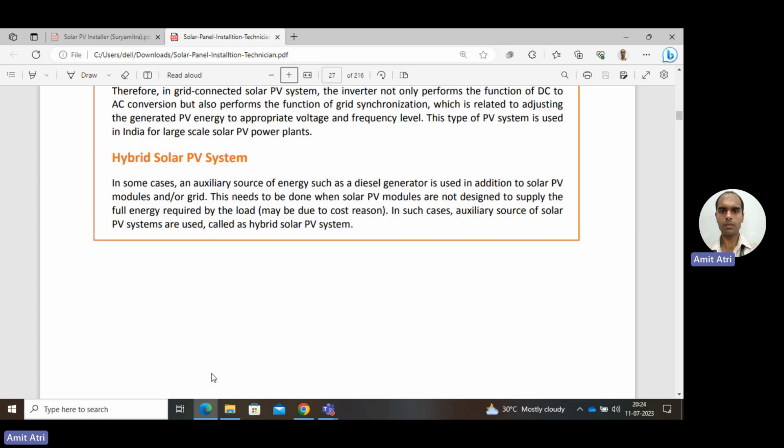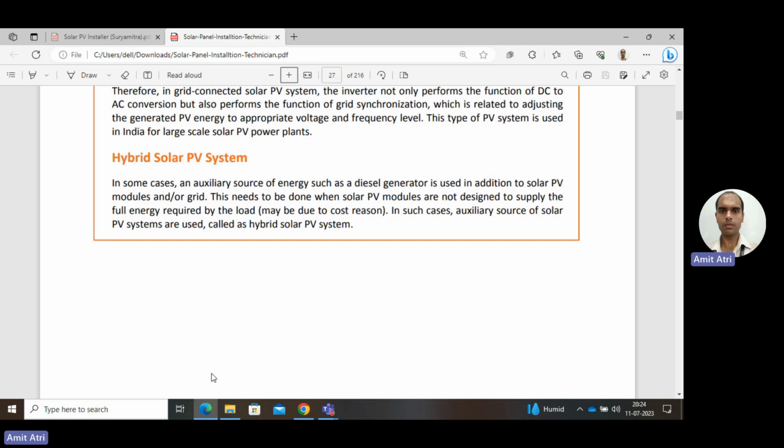If we want electricity during daytime, we are getting it from the solar panel, from the solar system. Whereas if we need even more energy, and we don't have that much space to install solar panels to generate a very large amount of energy, in that case we will run the diesel generator.